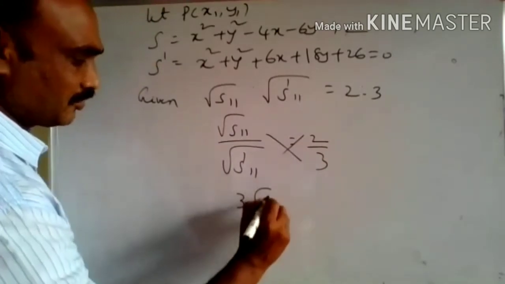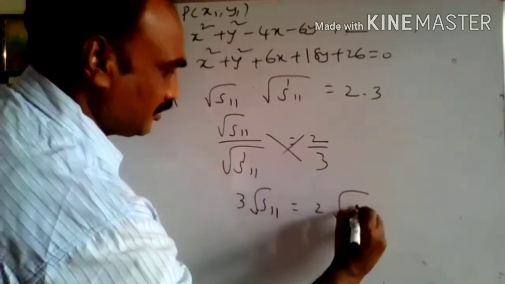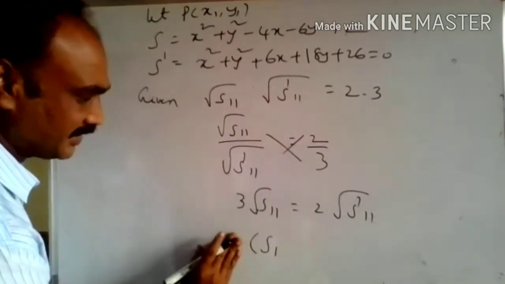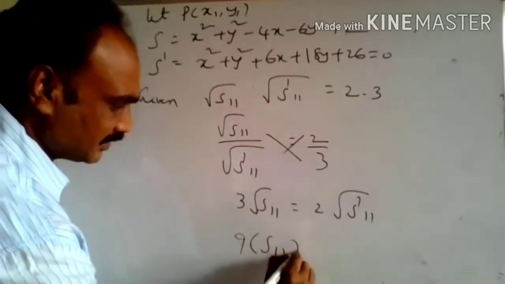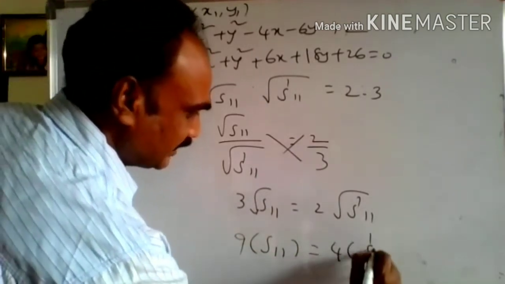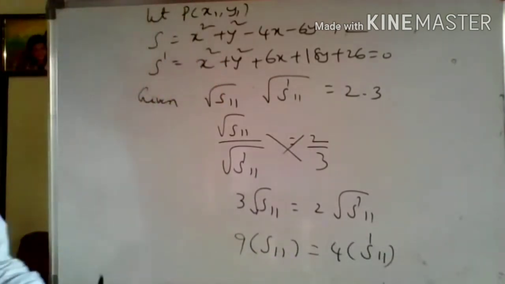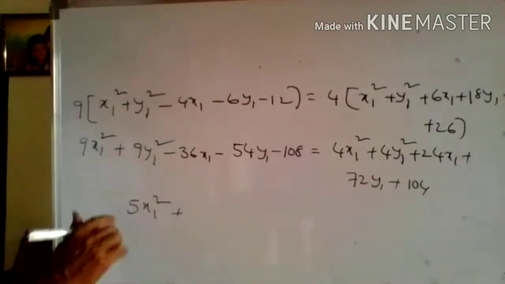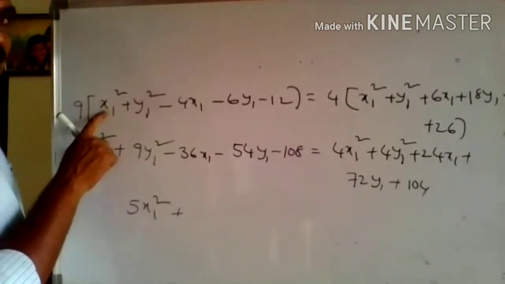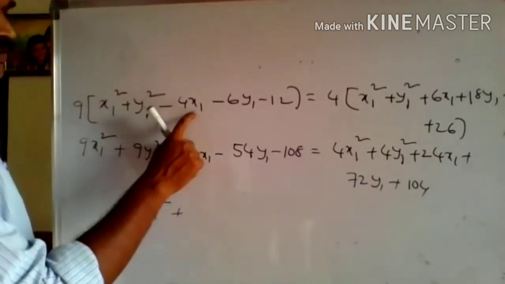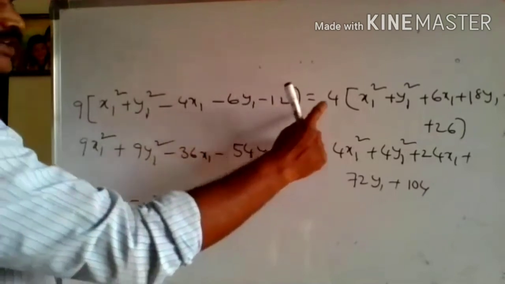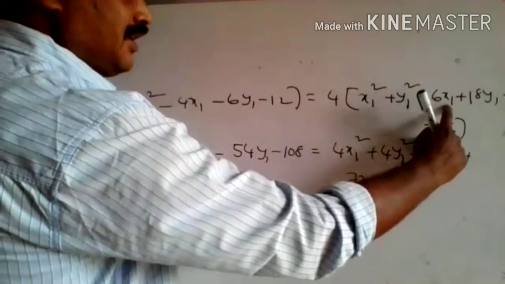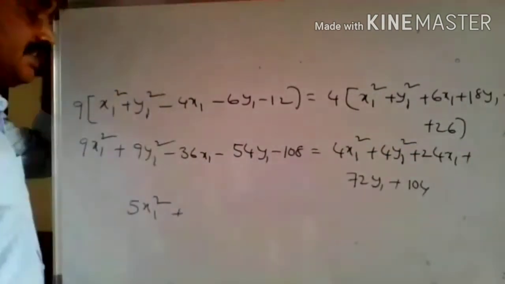Next, 3 into root S11 is equal to 2 into root S dash 11. Squaring on both sides, 9 into S11 is equal to 4 into S dash 11. So 9 into (x1 square plus y1 square minus 4x1 minus 6y1 minus 12) is equal to 4 into (x1 square plus y1 square plus 6x1 plus 18y1 plus 26).